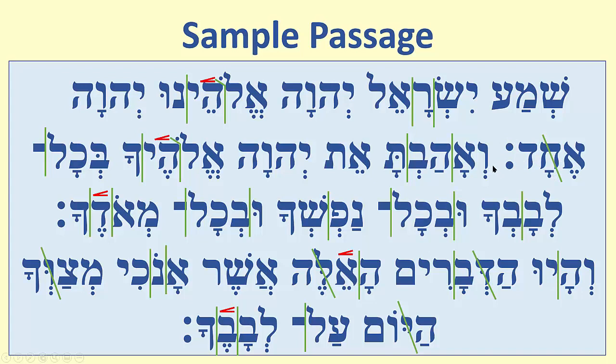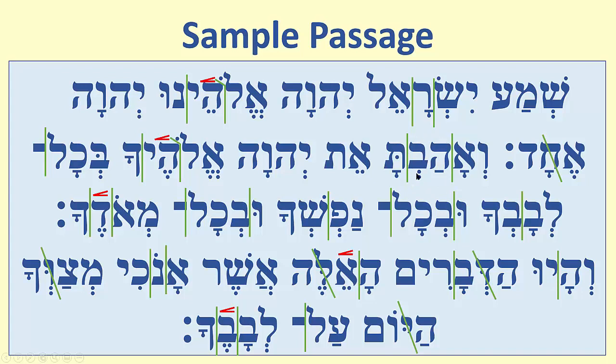Now we're starting verse 5. Ve'ahavta. This schwa is audible. It's at the beginning of the word. We have a kamatz and an open syllable. It follows the rule of unaccented syllables.